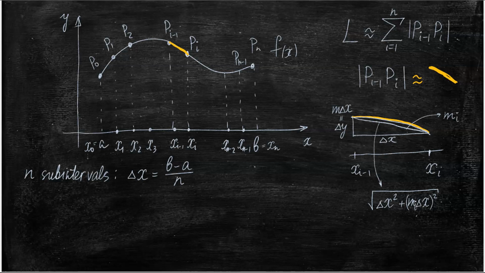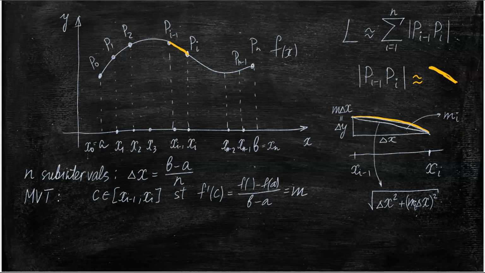But if we use the mean value theorem for derivatives, then it guarantees that there exists c on the interval xi minus 1, xi such that the derivative of the function at that point is equal to the slope, but this is exactly our m.